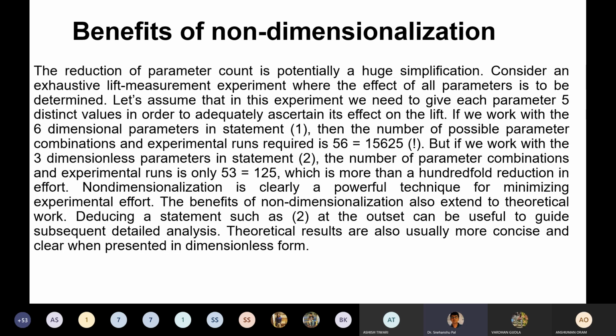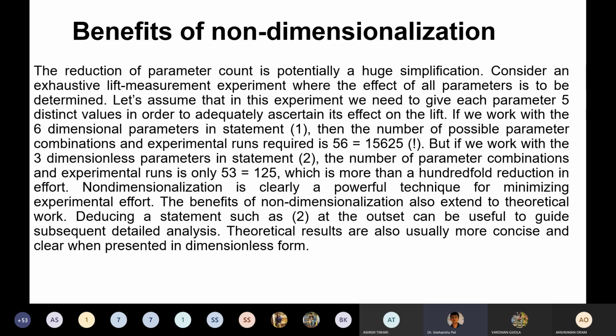So you can understand that just by reducing the number of variables from 6 to 3, the achievement with respect to computational or calculation time is huge, and it becomes very efficient. You have to solve far fewer equations or perform fewer calculations.